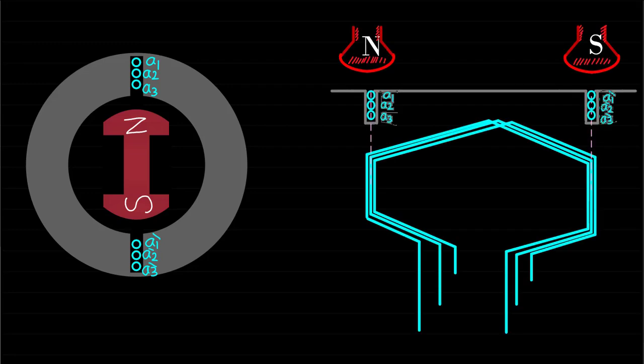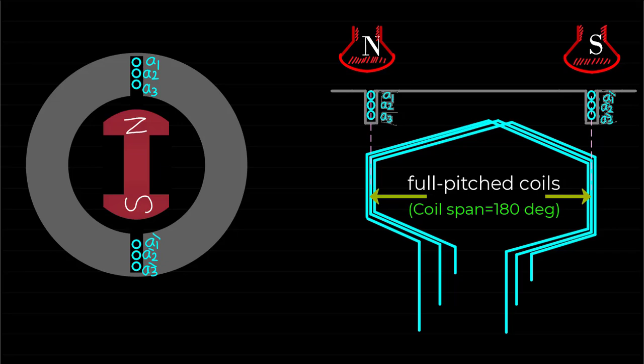This figure shows the linear representation of the machine. As we can see, phase A of this single-phase synchronous machine consists of 3 concentrated coils. Note that these 3 coils are full-pitched coils.